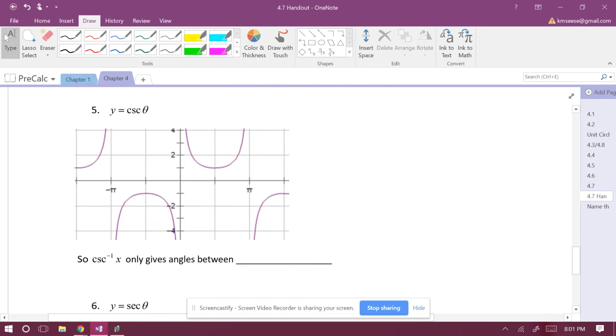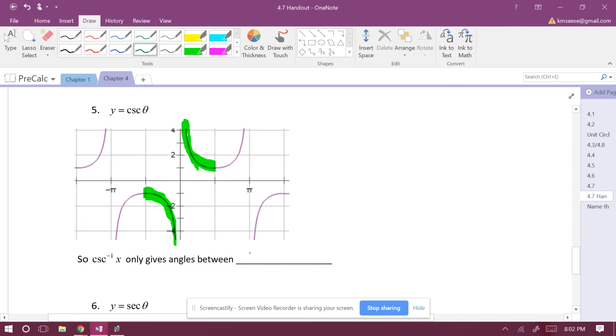Cosecant and secant are a little trickier to identify. How can I have the largest domain possible that still passes the horizontal line test? What you actually do there is take this half of this and this half of the upper.